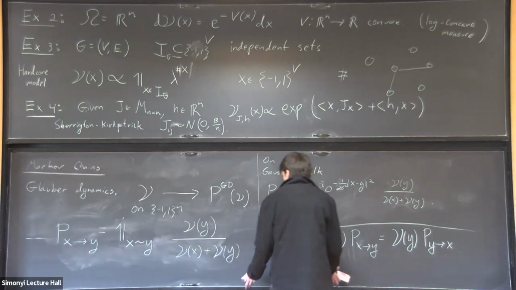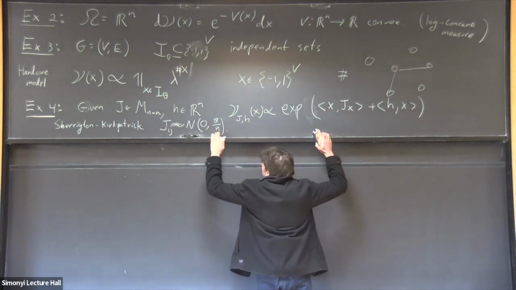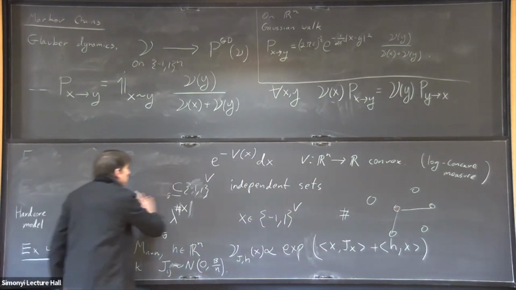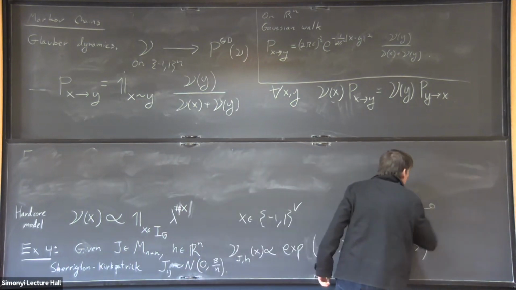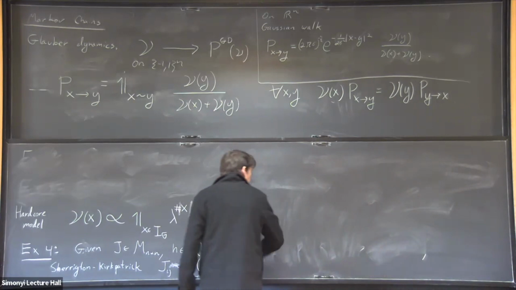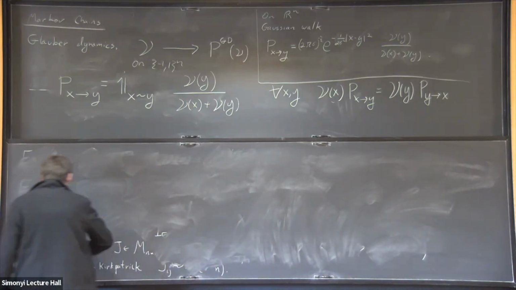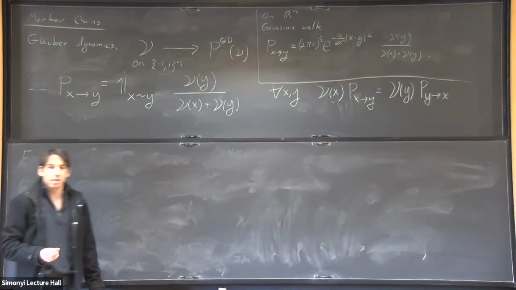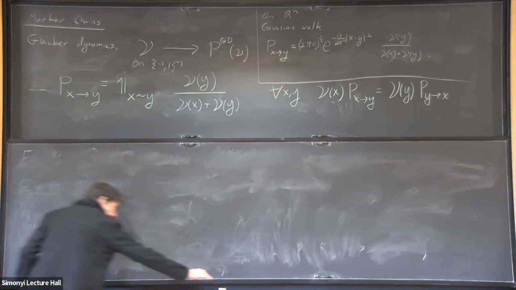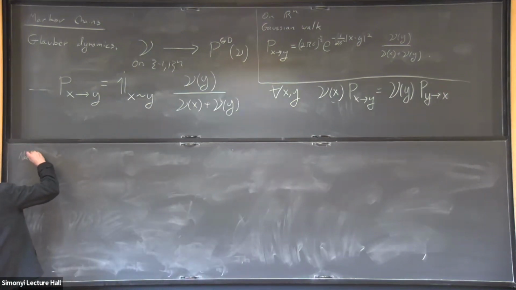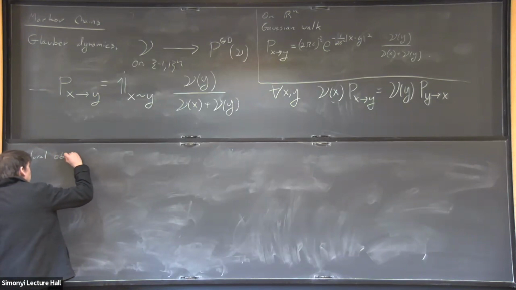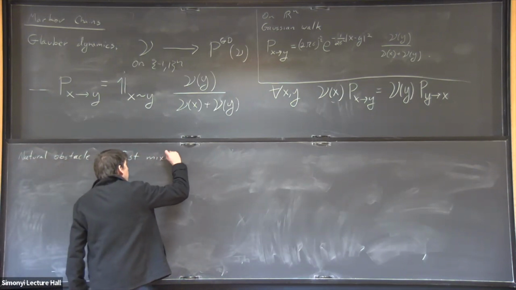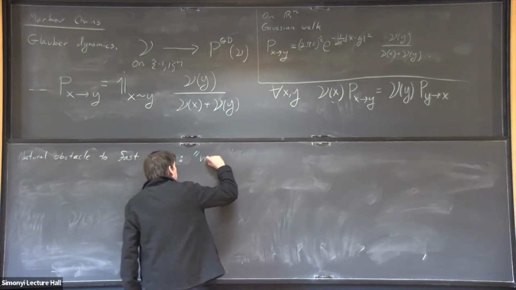And I'm going to wave my hands just a little bit right now to convince you that in some cases there is a natural obstacle to those chains mixing quickly, which I guess I'll call non-uniqueness.